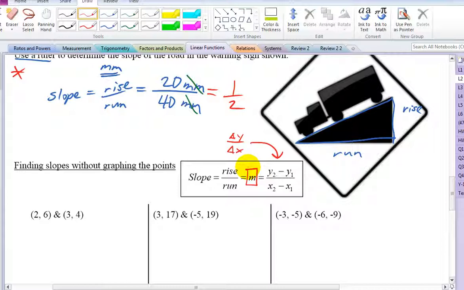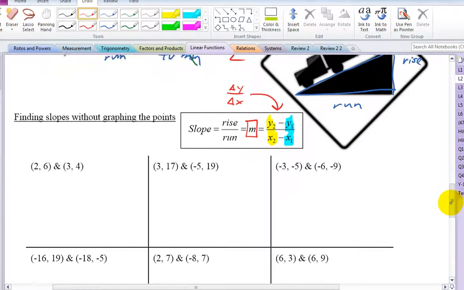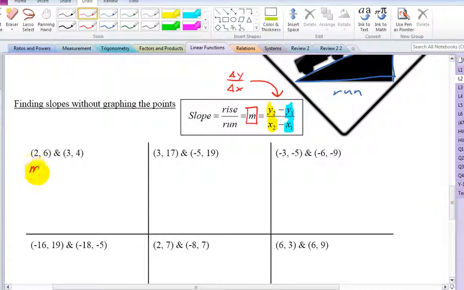All right. Now what's interesting to know is that point 2, the x and y values line up. And point 1, the x and y values line up. It doesn't matter which one goes first. I'm going to show you that right away with the first one. So m equals 6 minus 4. Okay.